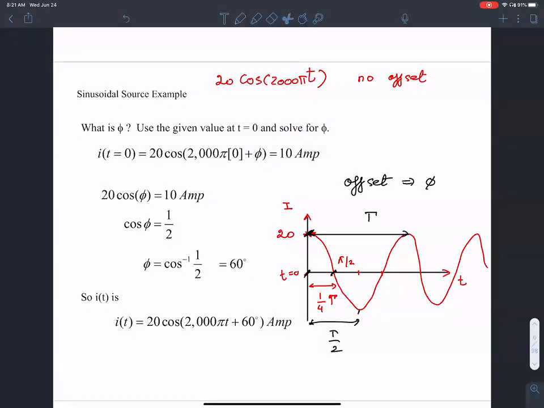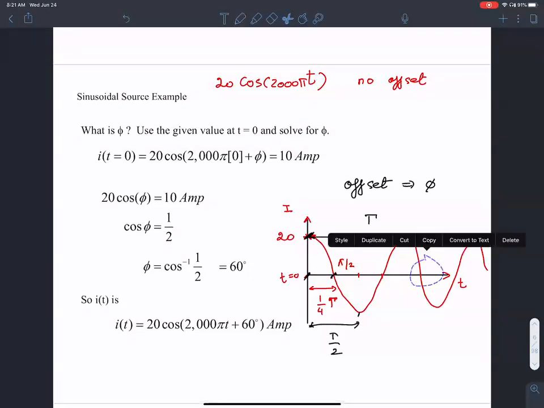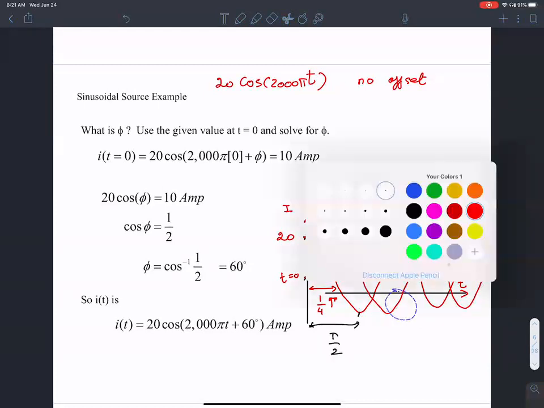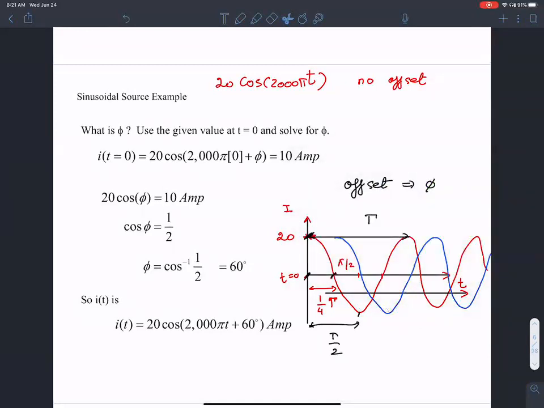Yes. Now imagine that this cosine wave is shifted by 1/4 time period. In this new wave there's no error in the frequency.